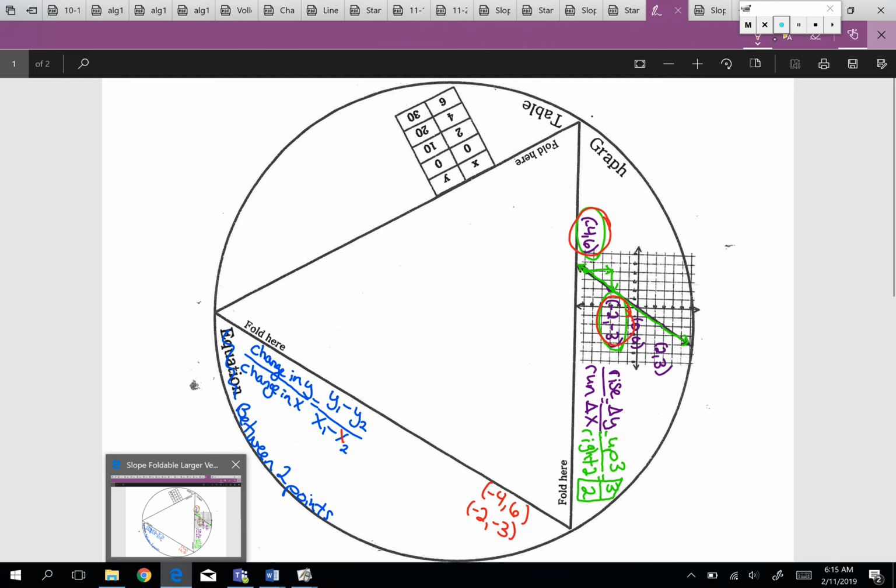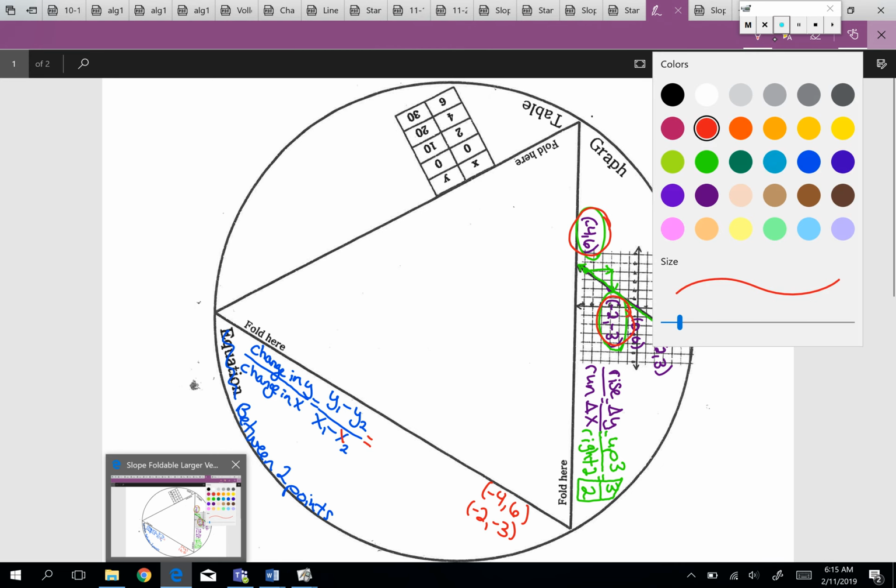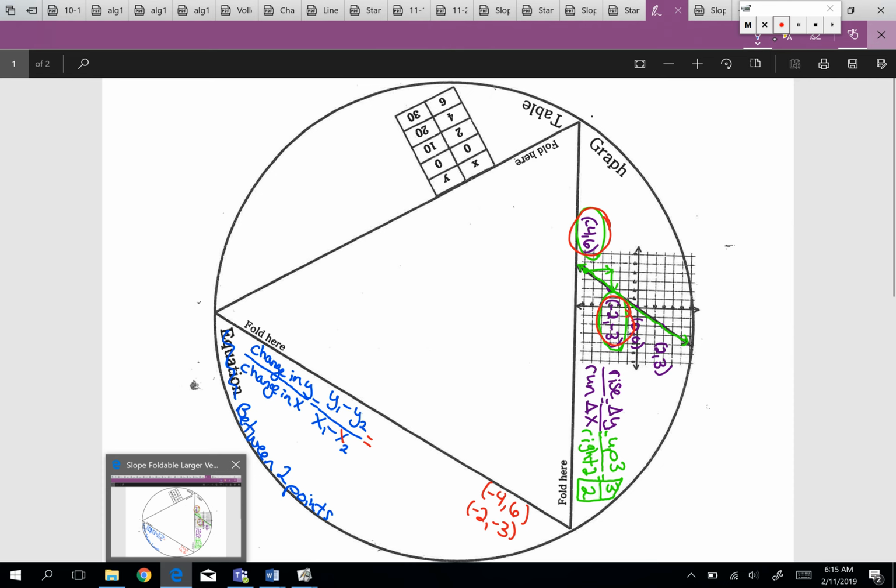So when we have y1 minus y2, it might be helpful, just a suggestion, to label this x1, y1, x2, y2, just to help you substitute in. So we need to make sure for that numerator that we're grabbing our y values. And really, starting with 6 or -3, it really doesn't matter.